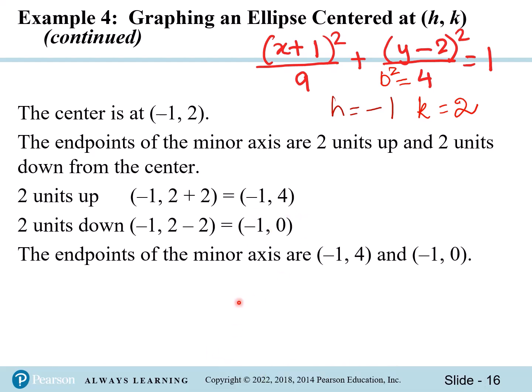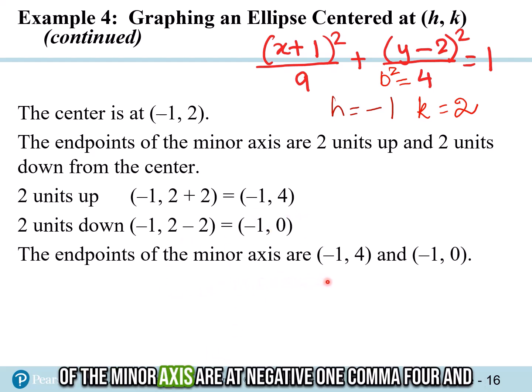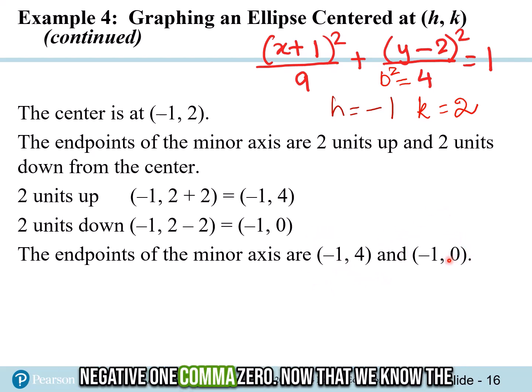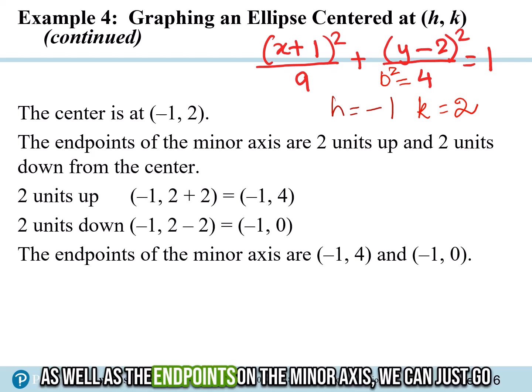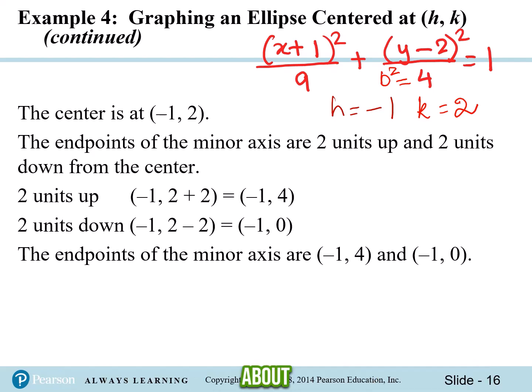So the endpoints of the minor axis are at (-1, 4) and (-1, 0). Now that we know the coordinates of the center point, the vertices, as well as the endpoints on the minor axis, we can just go about graphing the equation.